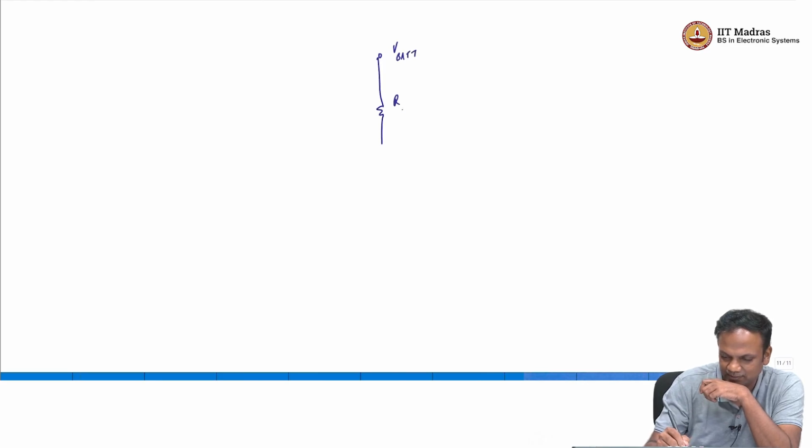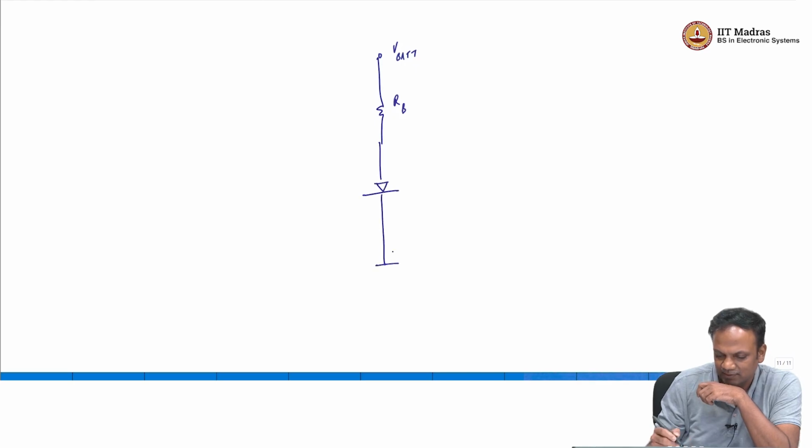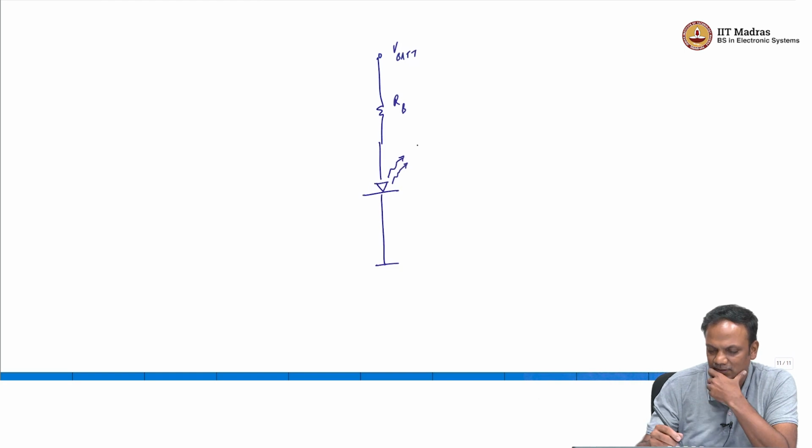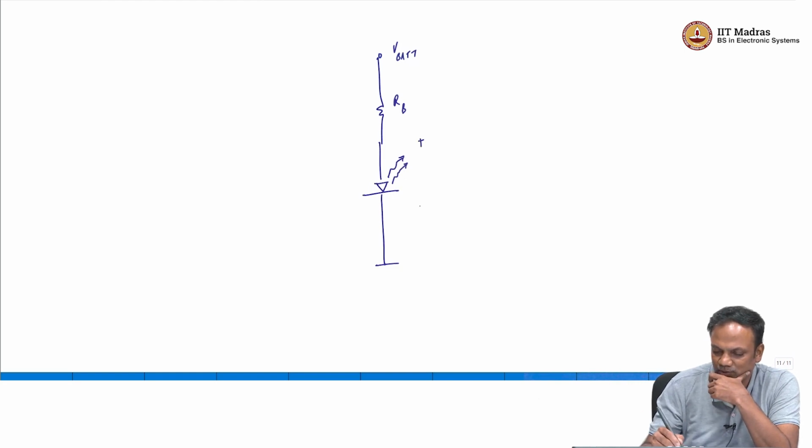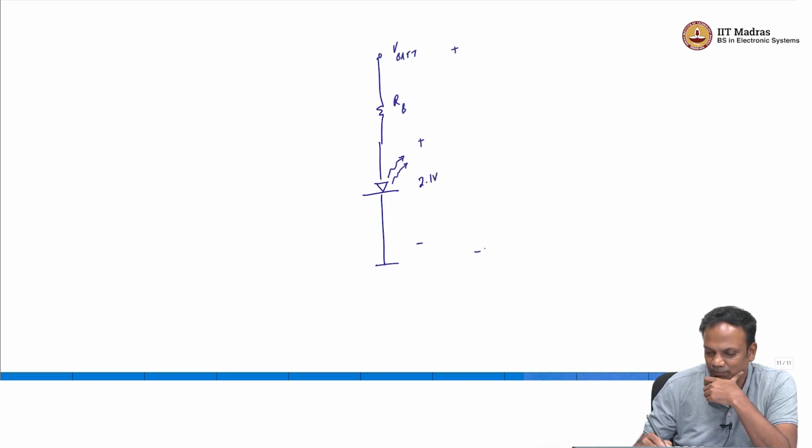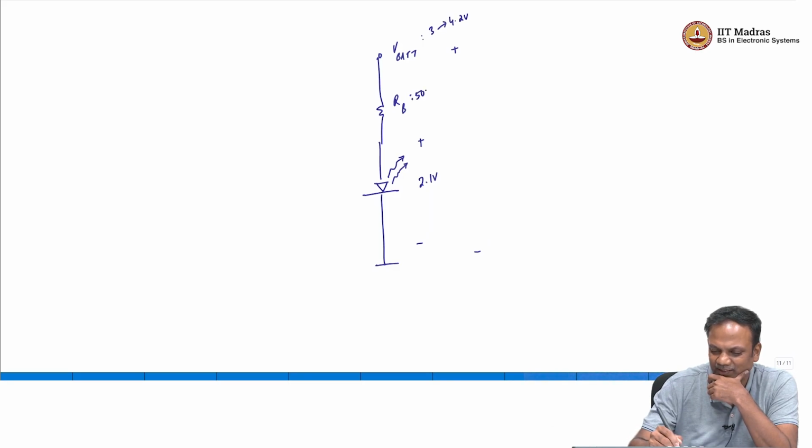So, let us say I have battery voltage, I have some resistor, and this is driving my LED, the blue LED. The voltage across the LED when it is on, I can roughly assume is 2.1 volt. VBAT can go from 3 to 4.2 volt, and let us say the resistor is 500 ohms, just taking some numbers.